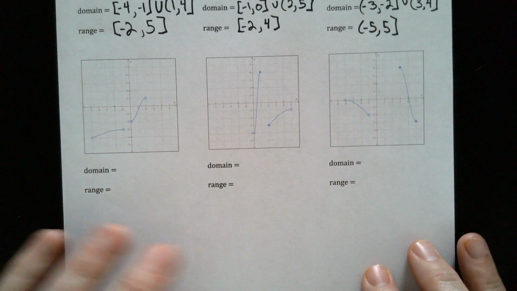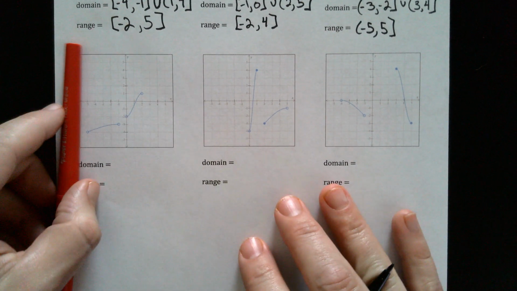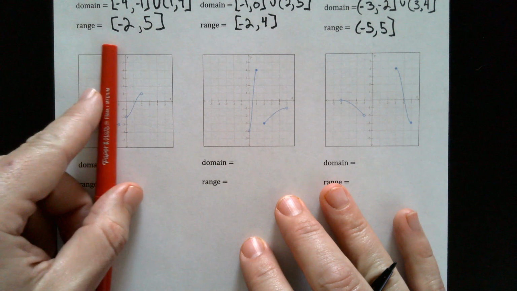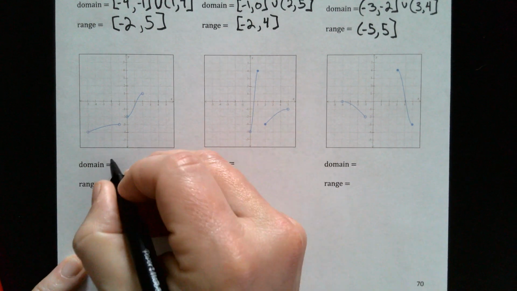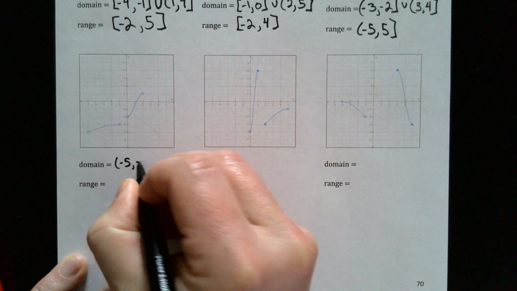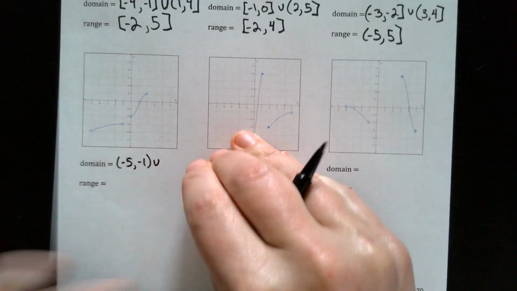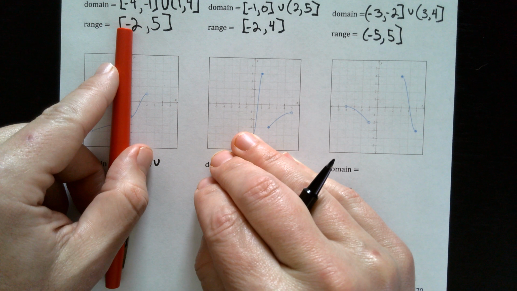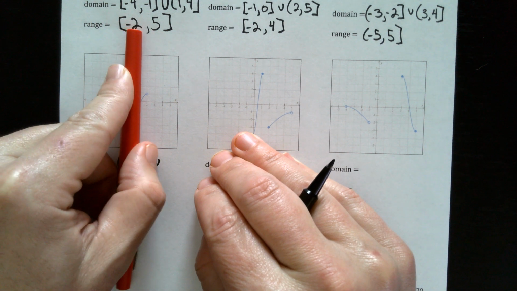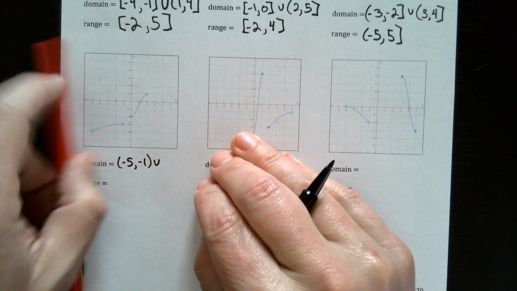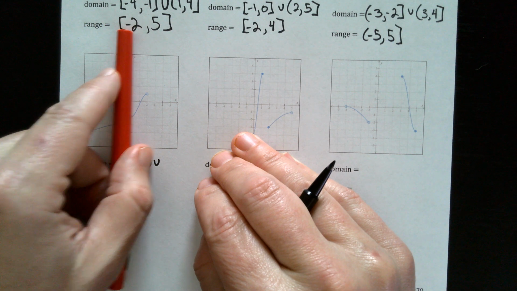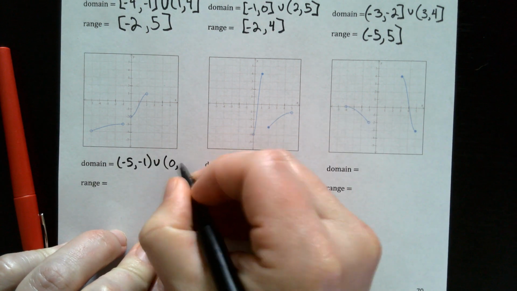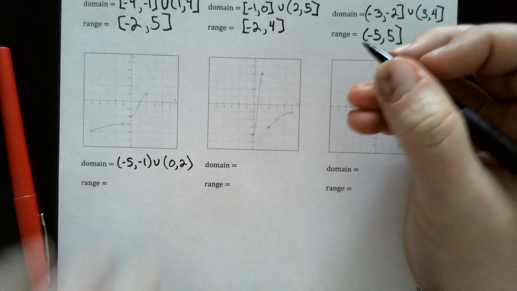Okay, let's do this one. So the domain, the farthest left we go is -3, no, that's -5, excuse me, all the way to -1, neither included. So -5 to -1. Union, and then it starts again at 0 because it's right in the middle of the graph, and it moves all the way over to 2, and neither one of those points are included, 0 to 2. Okay, and that's it on the domain.